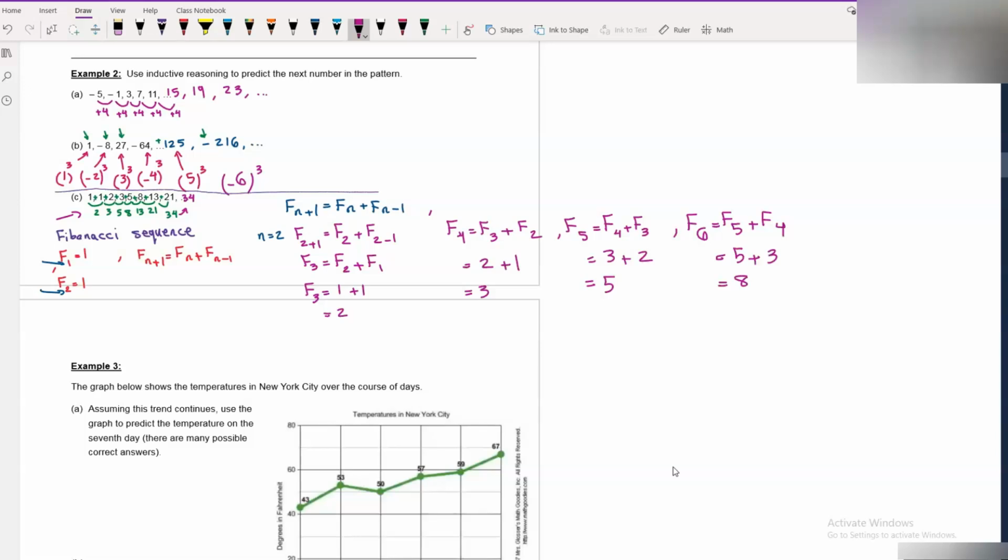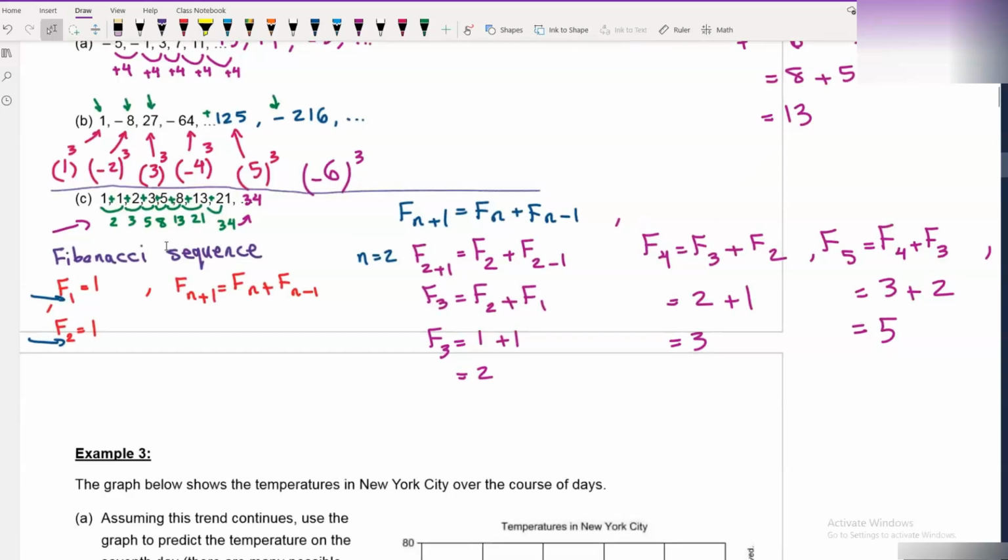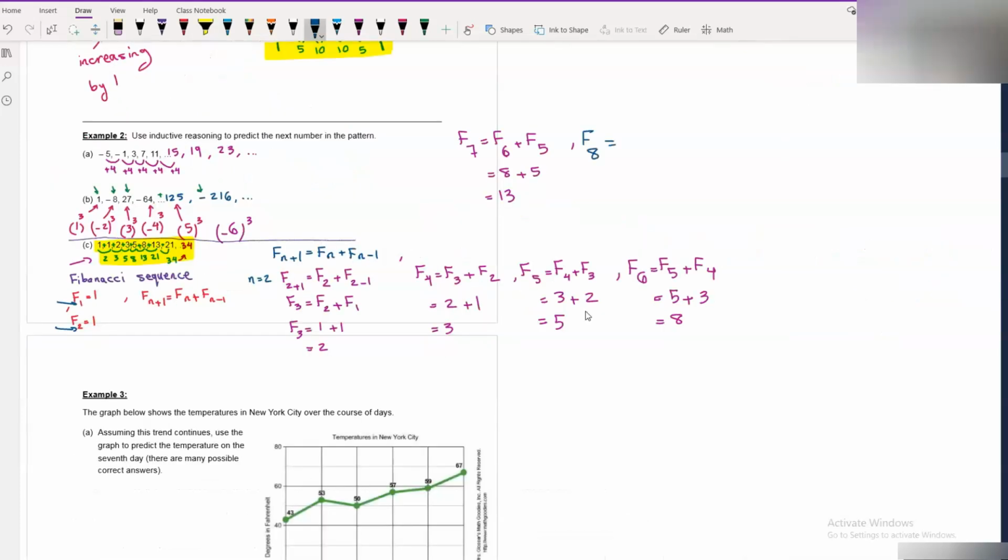Okay, I will write this one here. F7 is equal to 13. If in case you have this one on an exam, you don't need to write all these. I'm just explaining. You only need to write this one. That's it. So the next number is F7 plus F6. And we do have that one is 21. So it's 13 plus 8 is 21.